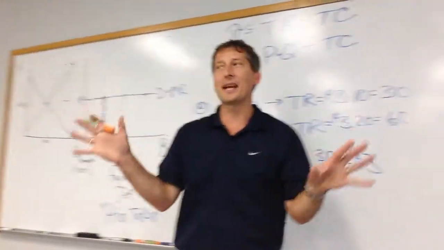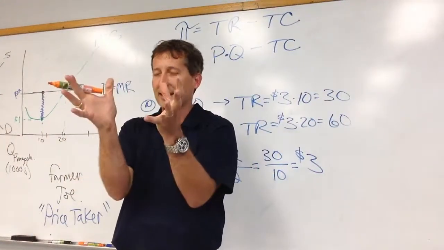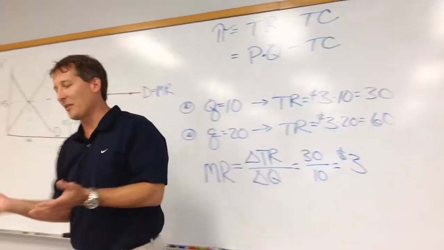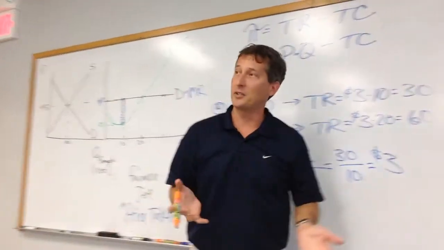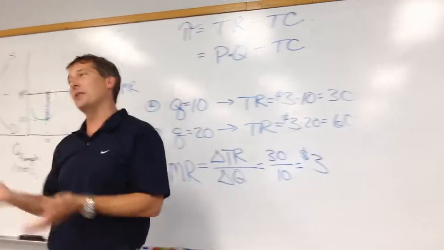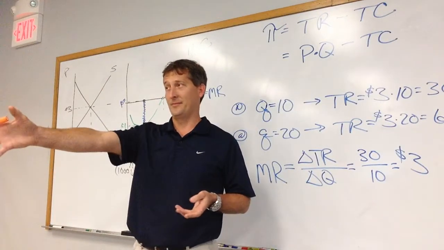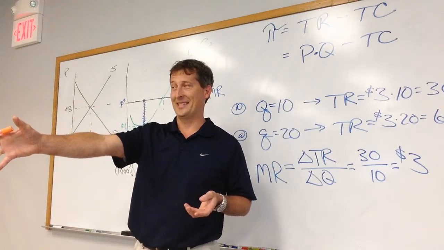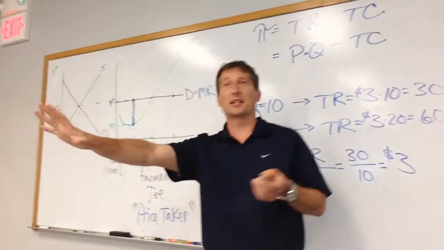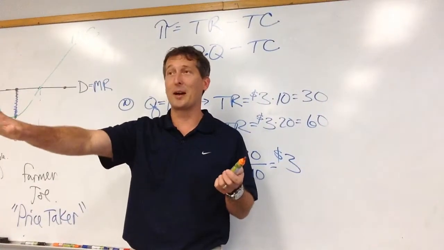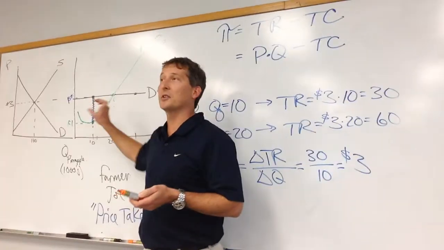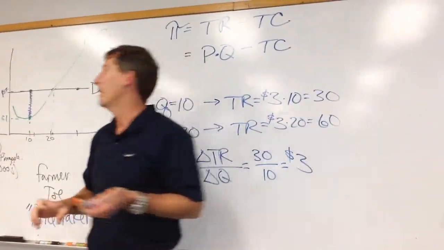So here you were making 10. I want to isolate the decision, should I do the 11th pineapple or should I not? What is the revenue generated by the 11th pineapple? You're going to get $3. So let's take it one baby step at a time. You're absolutely right. You're going to get $3 for the 11th pineapple.